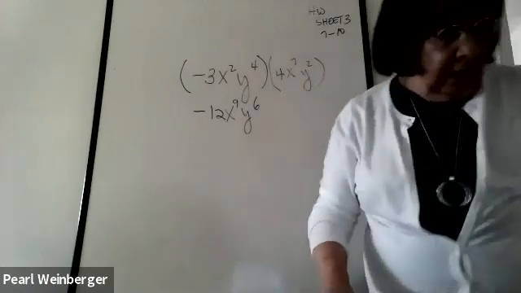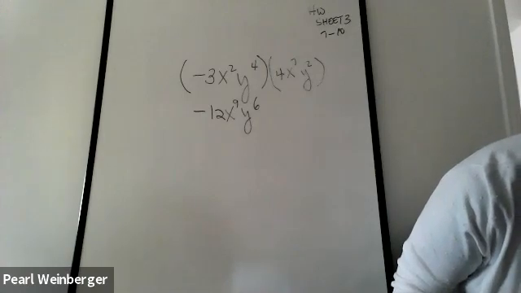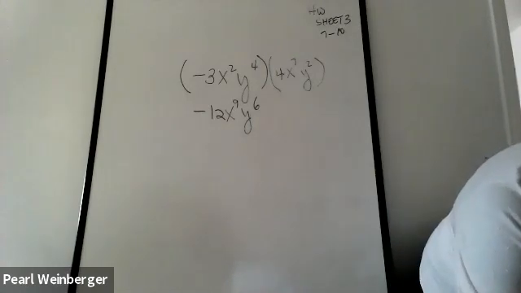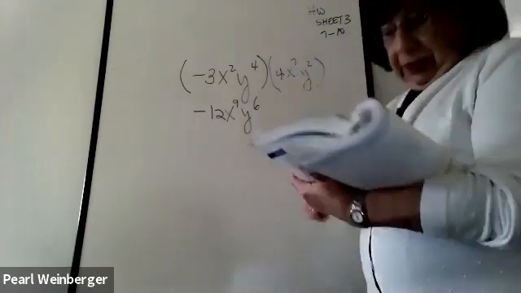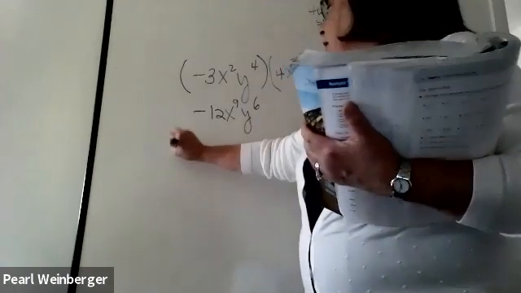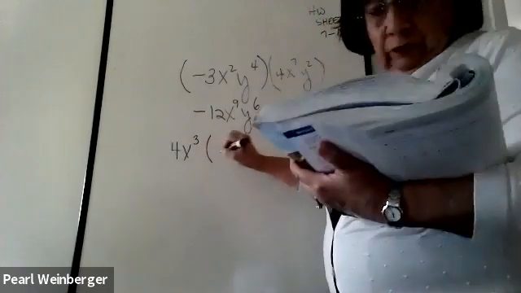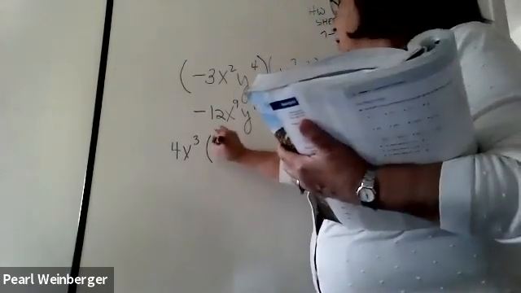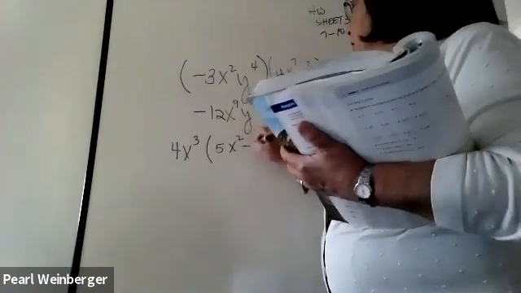Now, what happens if we want to multiply a monomial by a polynomial? For example, what if I gave you this? I want to multiply 4x to the 3rd times 5x squared minus 3x plus 1.